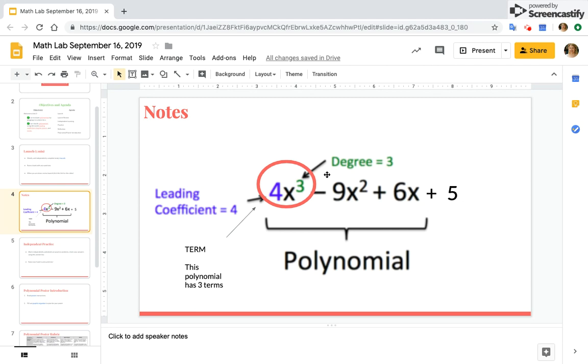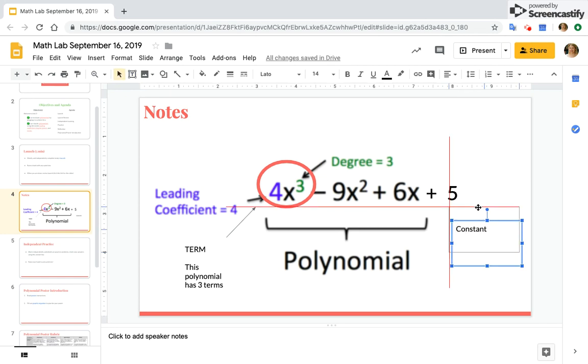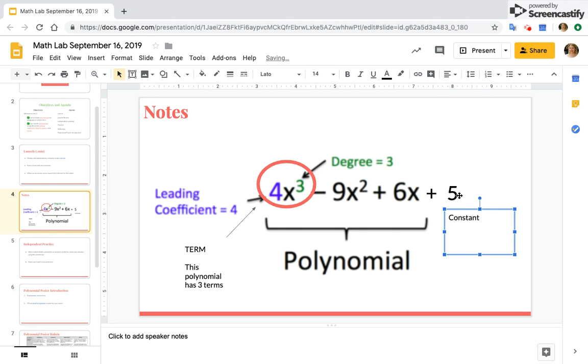The one other word you'll need to know is that this number is known as a constant. So go ahead and label that last term, the one that does not have an x. We're going to call that the constant. It has no x next to it.